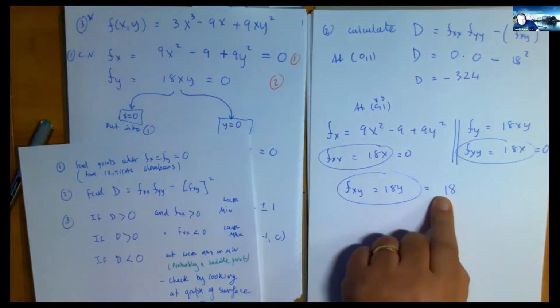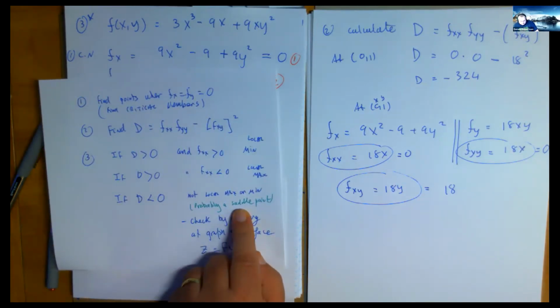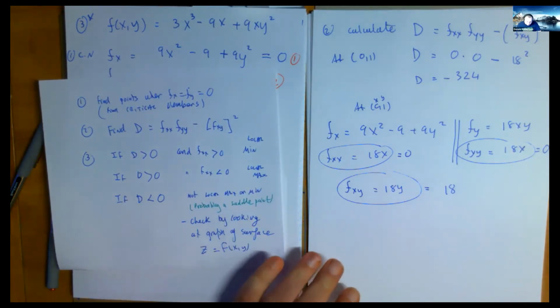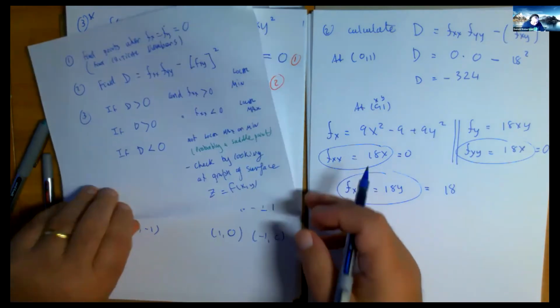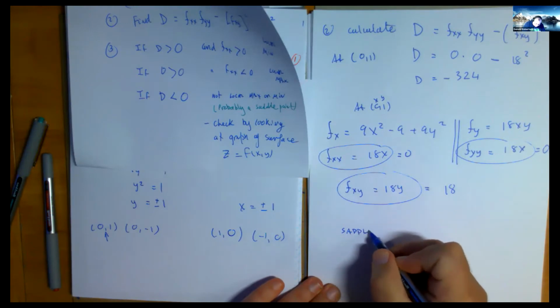So if I return back to where we were, according to the test then, since D is negative, we're probably going to have a saddle point, and the answer is we did, believe it or not. So I know it's a saddle point.